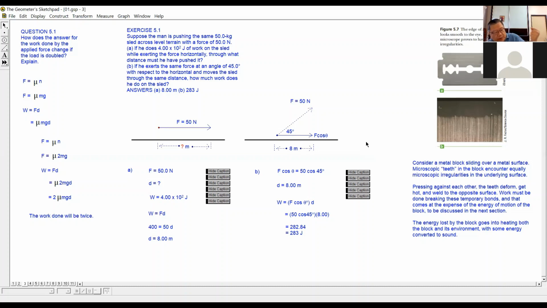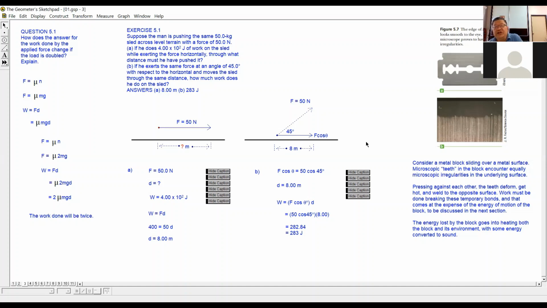Let's say I pull a block along the surface of the floor, and after some time the object gets heated up, and the temperature of the floor will also increase. So why does the temperature increase? The temperature increases because there's heat energy.